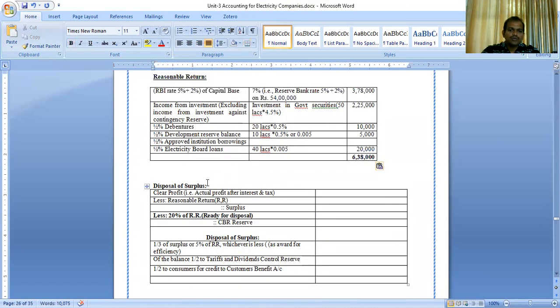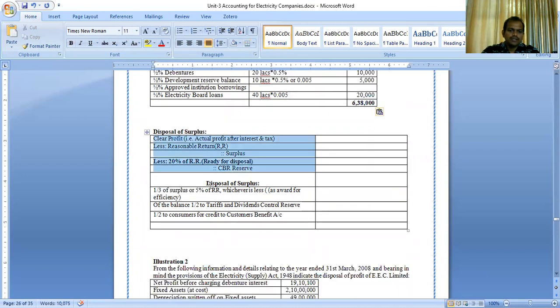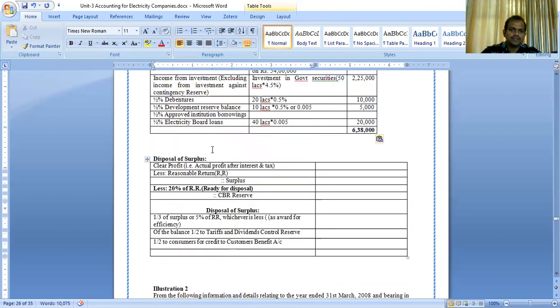So disposal of surplus. These are the standard formats we have to apply while we dispose of the surplus. So how to evaluate the surplus? First one, clear profit.